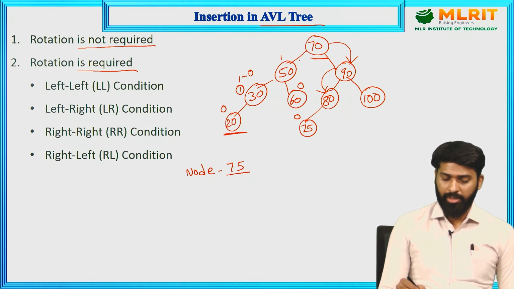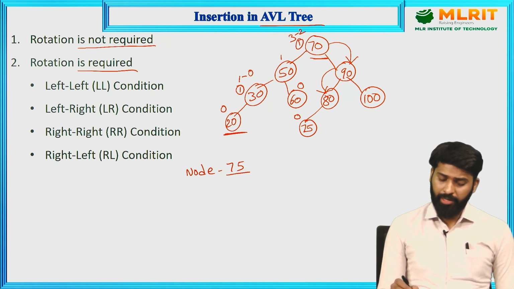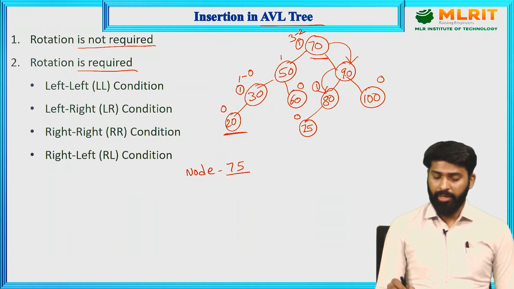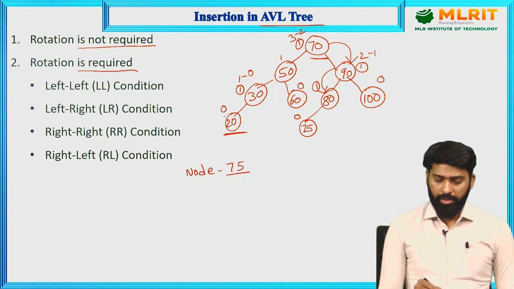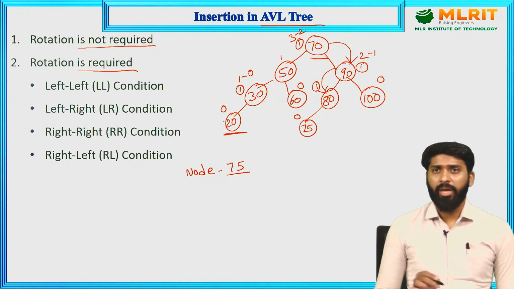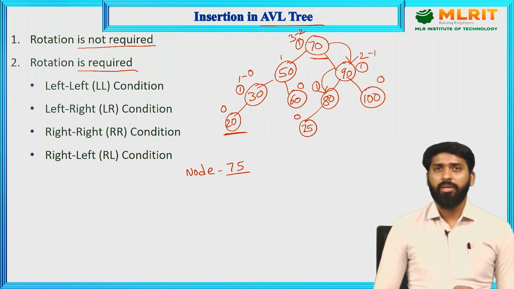For 70, left subtree height is 3, right subtree height is 2. 3 minus 2, 1. For 80, it is 1. For 100, 0. For 90, left subtree is 2, right is 1. 2 minus 1, 1. So if you observe here, it does not violate the AVL tree property. How? Here the balancing factor of all the nodes is not more than 1. Okay. So here in this case rotation is not required.